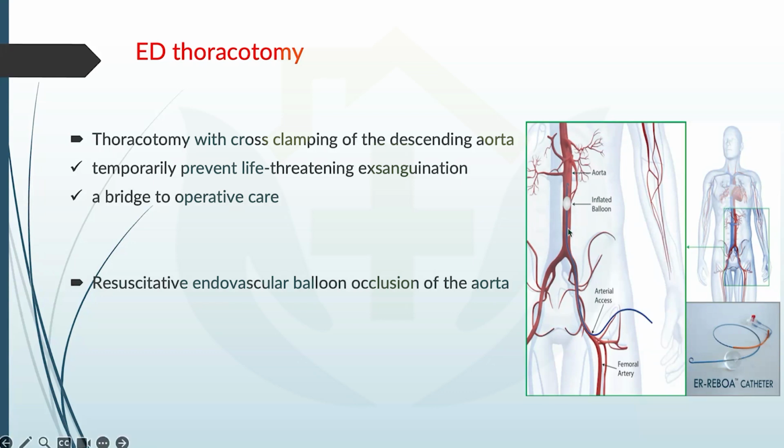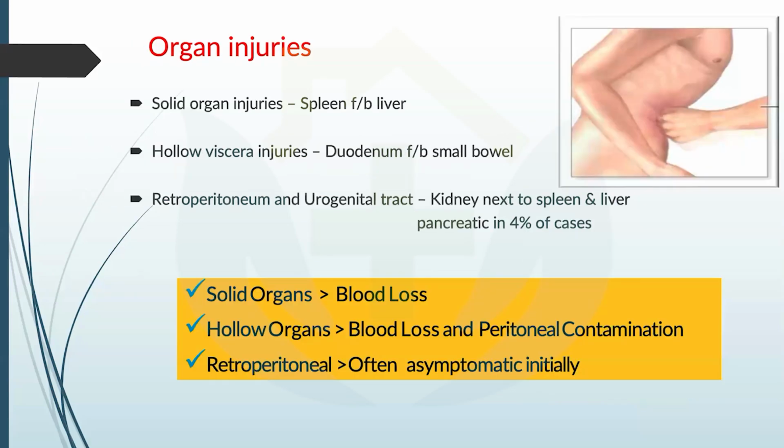Obviously, this is an ischemic maneuver, so you have to take the patient to OT within half an hour to 1 hour to preserve the lower part of the body and maintain proper homeostasis. This is just a temporary hemostatic measure. If you are not in a setup where the surgical team, emergency OTs, and REBOA teams are adequate, you simply don't put the REBOA. This is called REBOA, resuscitative endovascular balloon occlusion of the aorta.